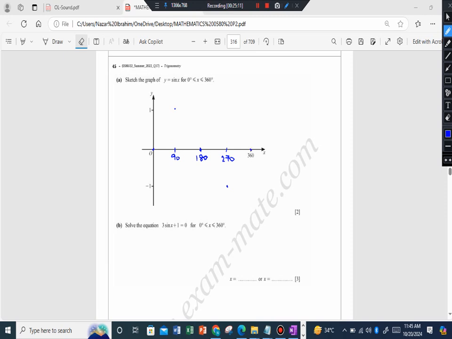So it will start from here, go like this to here, come like here, and finish at 360 like this, right? So its curve is always like this, the sine curve, right? Very easy.